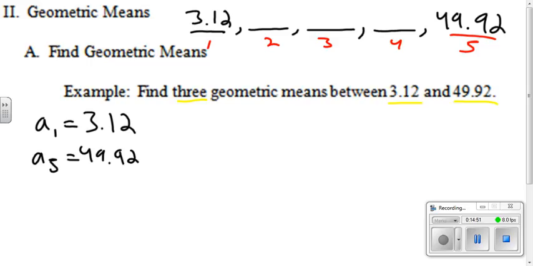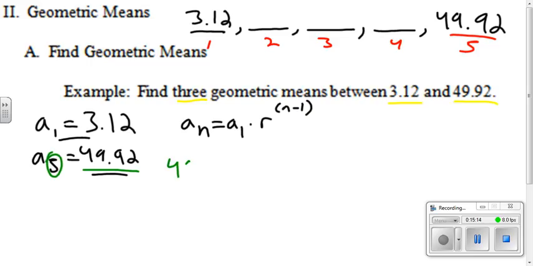From there we don't necessarily know our r, but we can use these 2 pieces to make our equation. We could say a sub n equals a sub 1 times r to the n minus 1. Well, in this case, n is 5, and a sub 5 is 49.92.